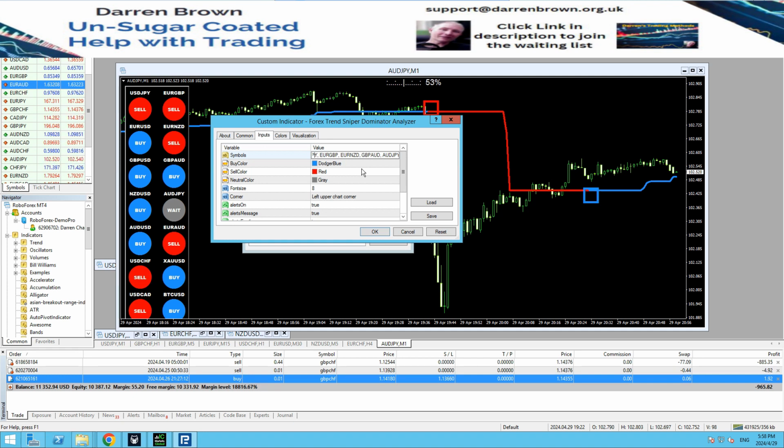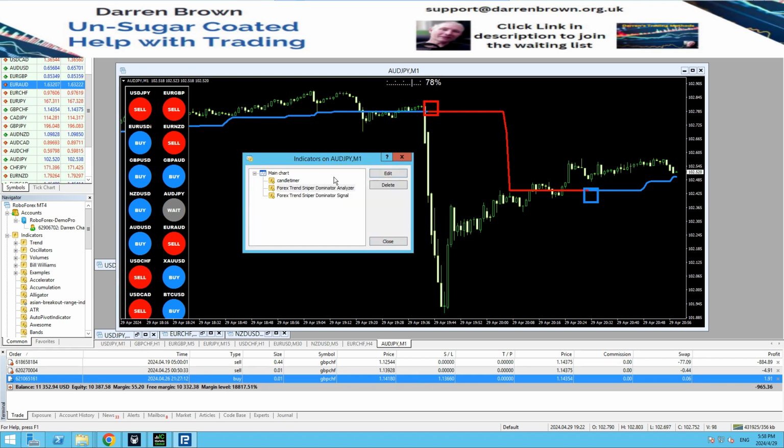Keep going. AUD USD, NZD USD, GBP USD. There you go, Euro USD. And if it had an I in it, which is your prefix, you just put an I on the end and hit OK. And you'll see that the I on the end has appeared.